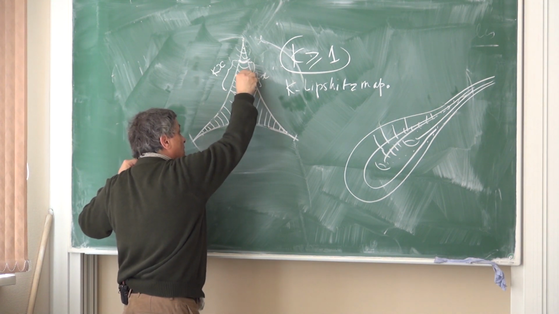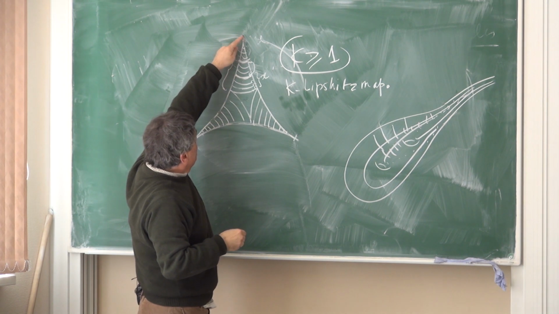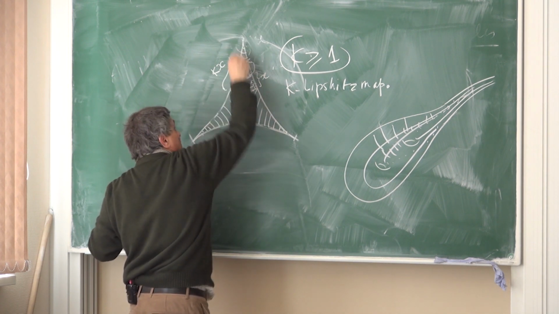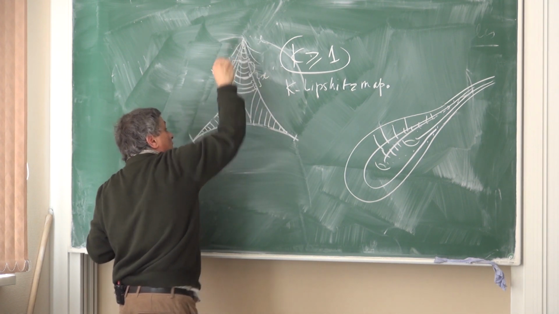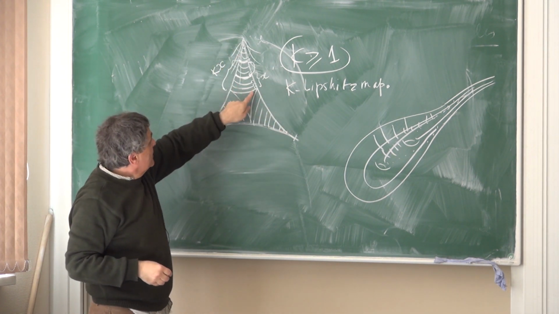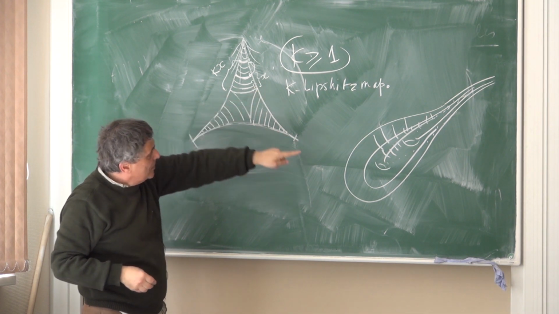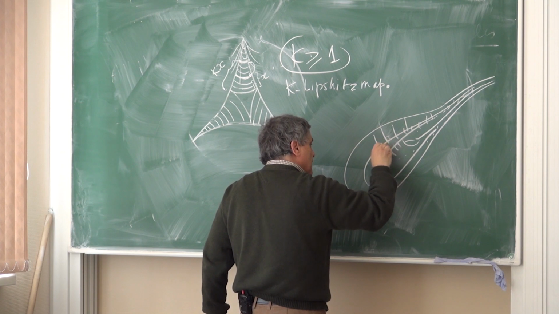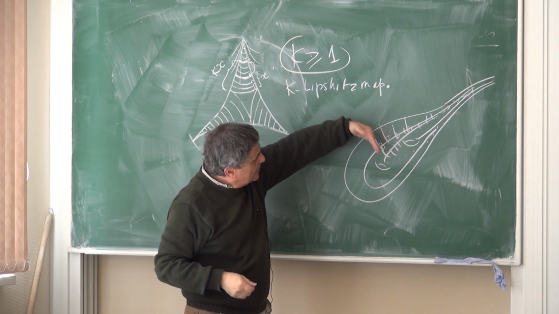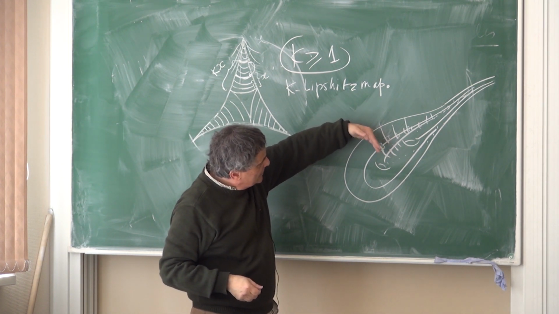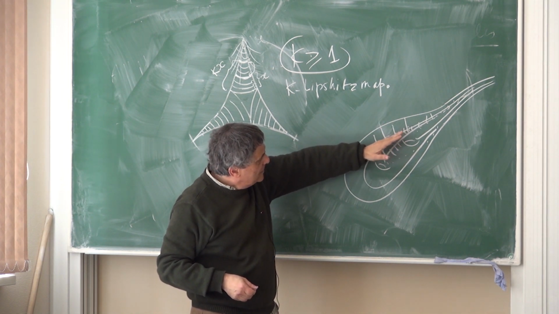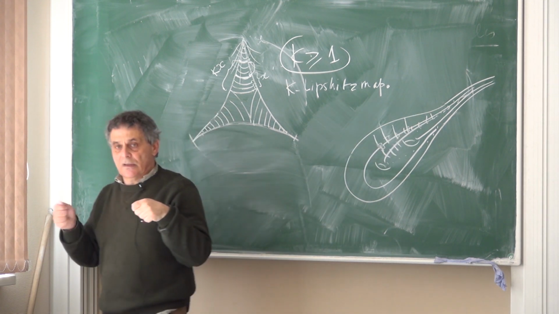I told you that these pieces of horocycles centered at this point of infinity are the perpendicular foliation to this family of geodesics going to this point at infinity. So these pieces of horocycles are all perpendicular to the boundary, and on the surface they fit well, and they give you at least a C1 foliation, because on these breaks they have the same direction. They are perpendicular to these geodesic lines.